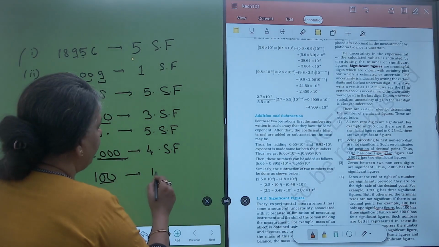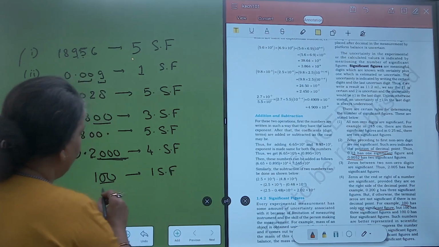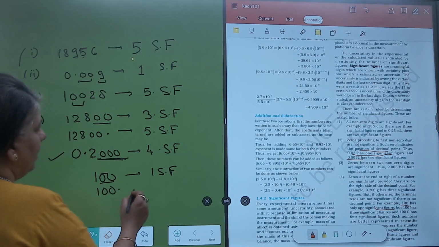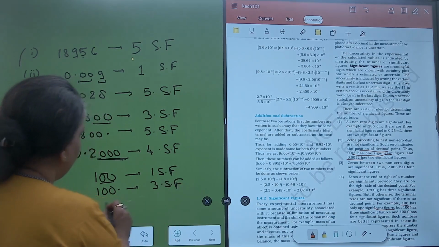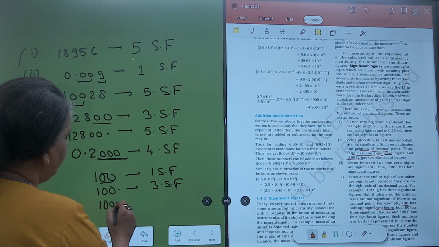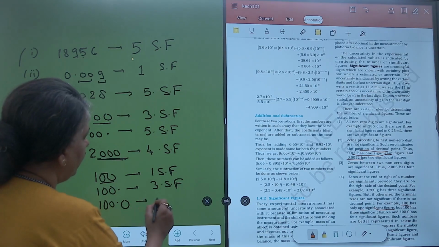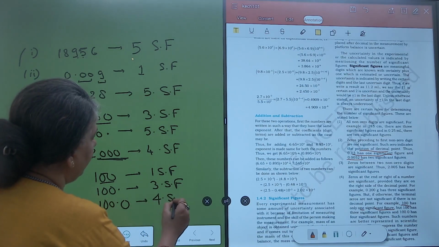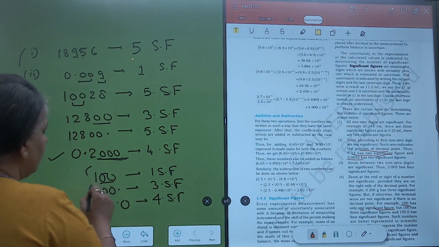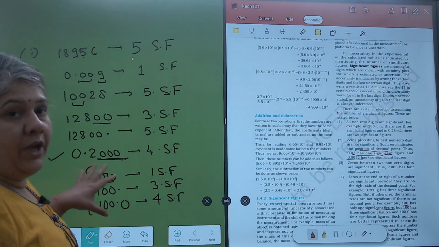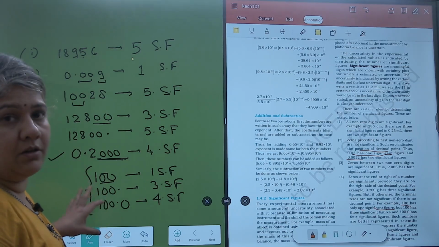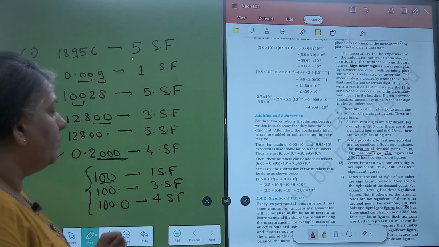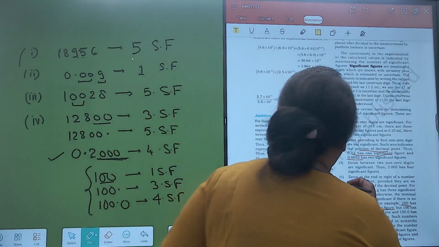Hence, it has one significant figure. And put a decimal, now it has three significant figures. 100.0, now this has four significant figures. So you must remember when the zeros are considered significant and when they are not. So this rule number 4 is very important.